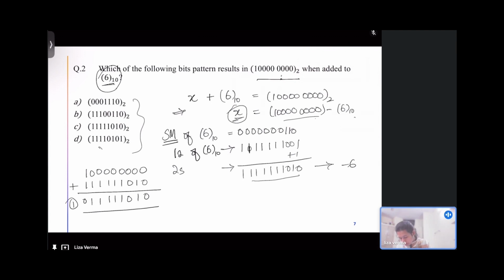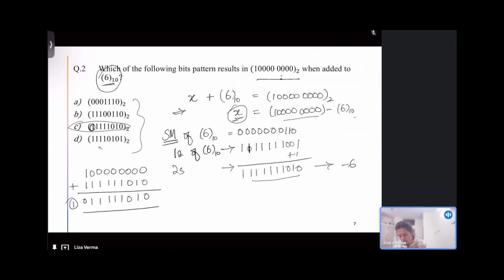I think the correct answer is not given here. Okay, yes, this should have been the correct answer, but with this 0 bit, that is a typo here.